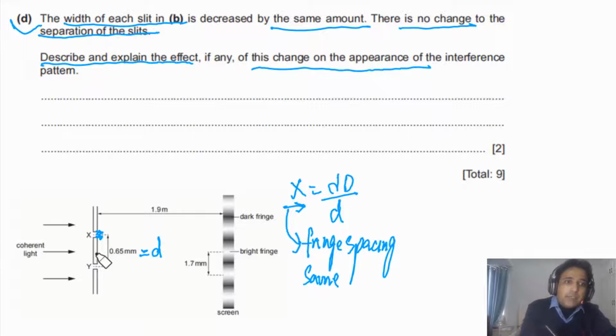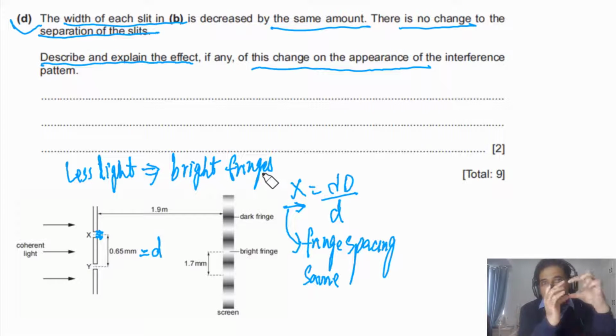Less light is coming, so the bright fringes will be dimmer, because bright fringes are formed due to constructive interference between two waves coming from these two slits. If the coming waves have smaller amplitude, the resultant amplitude also will be smaller.